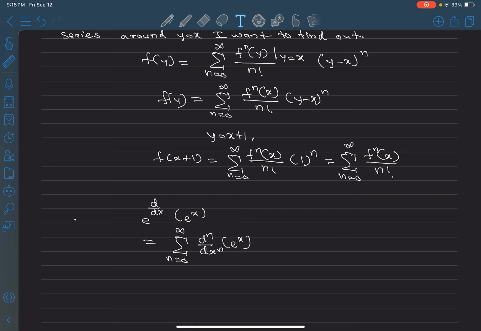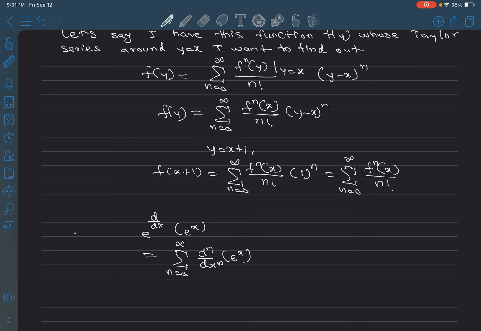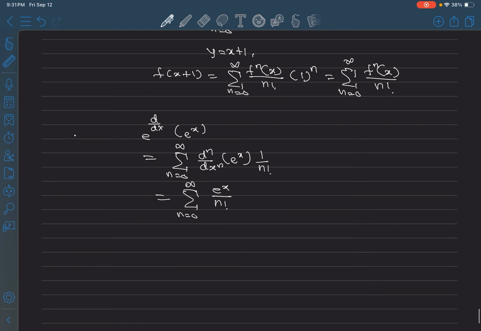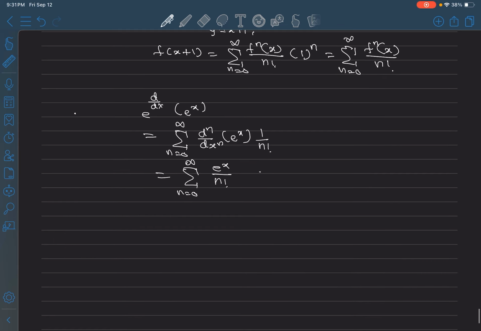Now, we know that any derivative of e to the power x is just e to the power x, right? So this sum becomes the sum from n equals 0 to infinity of e to the power x divided by n factorial. Since this sum is over n, e to the power x escapes out of the sum, and we have the sum from n equals 0 to infinity of 1 over n factorial. We know this sum is just e, right? So this is just e.